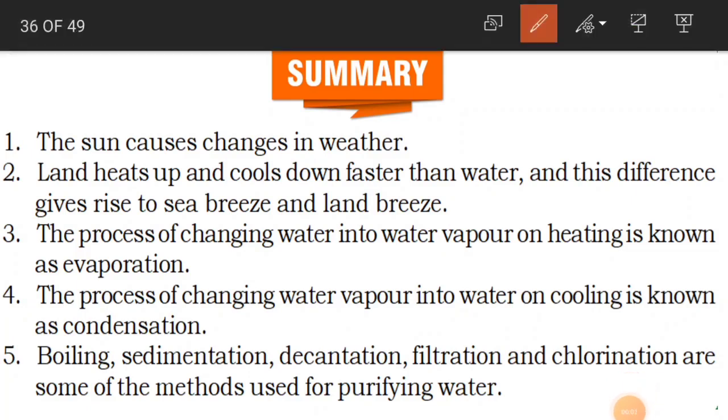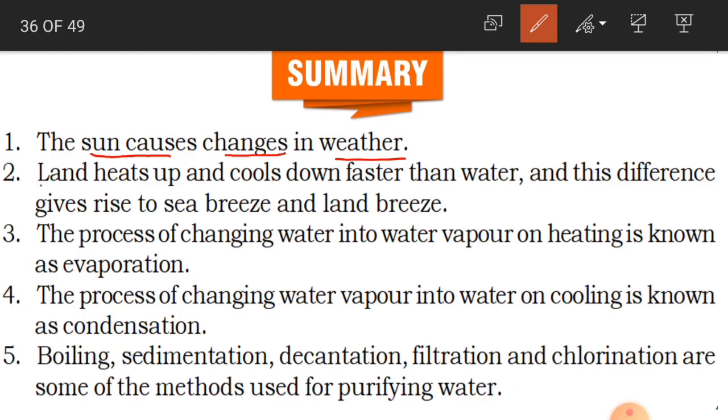Yes, children, let us summarize what we have learned. The sun causes changes in weather. Sun, in the sense of the heat produced by the sun, is going to change the weather, sometimes cool and sometimes hot.